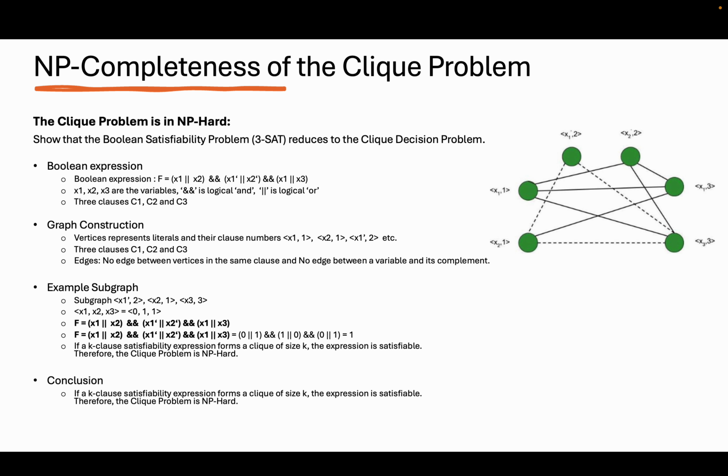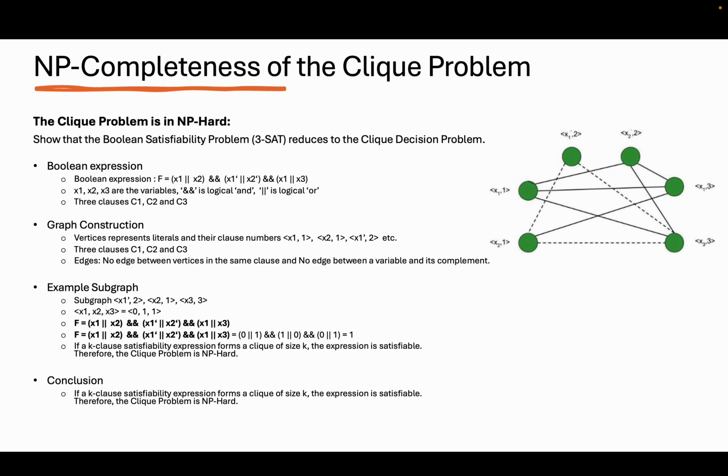We have some rules which are applied while creating the edges in the graph. The first rule is that no edges exist between vertices in the same clause. For example, we have (x1, 1) and (x2, 1).